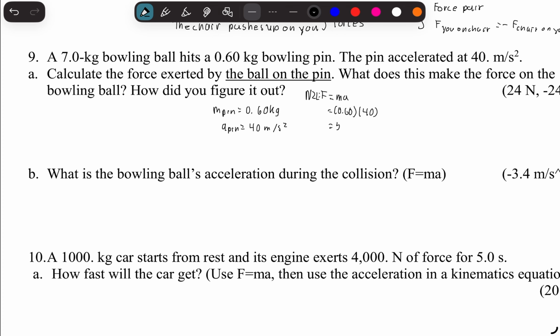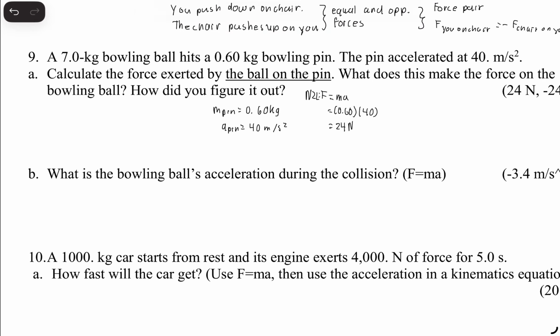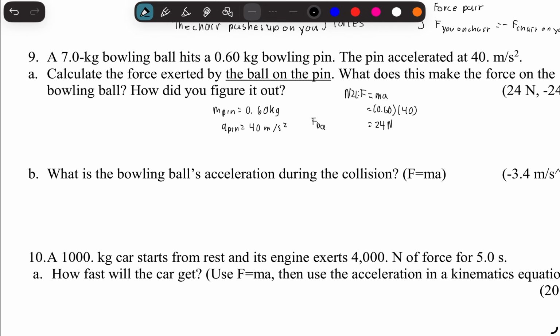That is equal to 24 newtons. So the force of the ball on the pin is equal to 24 newtons. So therefore, the force on the ball is equal to negative 24 newtons.